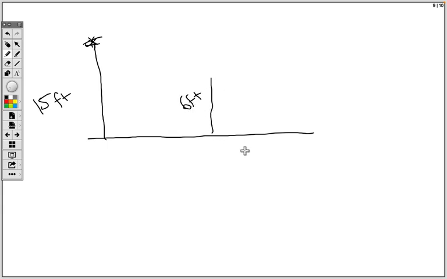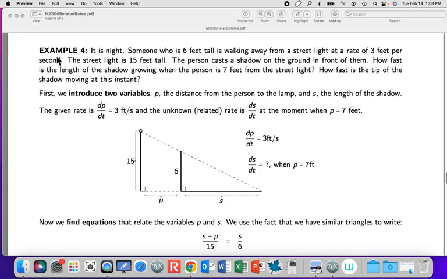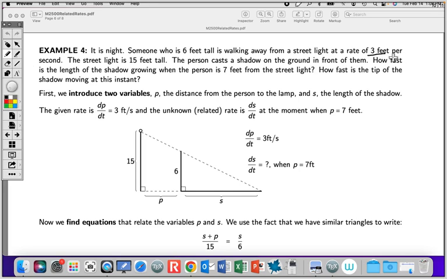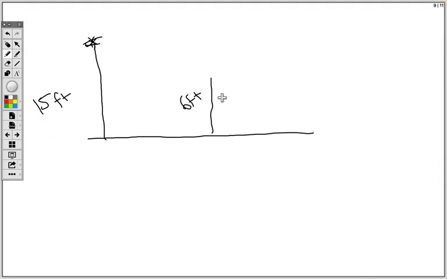Okay, so that's the person there. They say that the person is walking at 3 feet per second, and they don't mention that it changes, so we're just going to assume that that's a constant. So this is 3 feet per second.